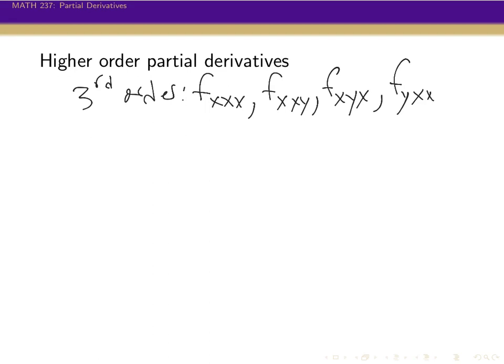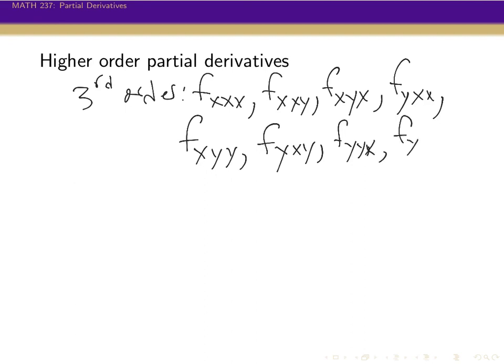I'm reading this one as I do y first, and then 2 in terms of x. Then we could do f_xyy, f_yxy, f_yyx, and then the last one is do 3 in terms of y. Okay, and so this is all just talking about different orders in which we can do them.